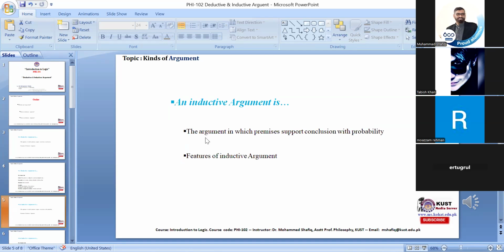So in this kind of argument, premises support the conclusion with probability, not with conclusiveness.